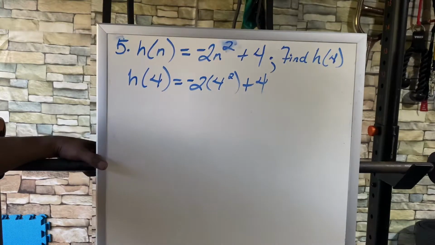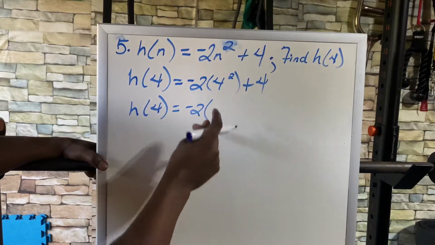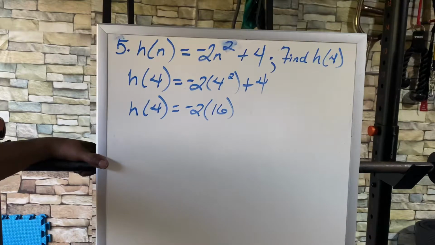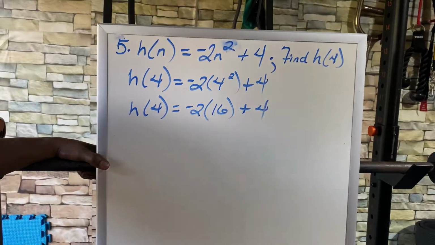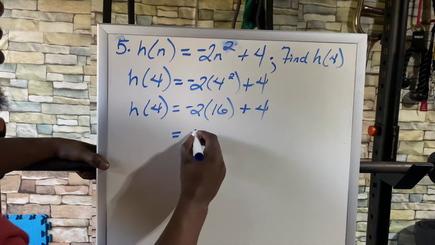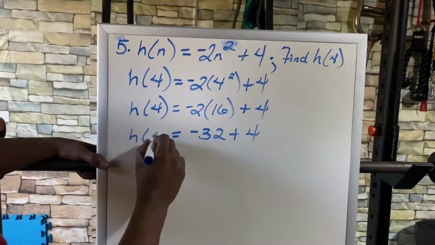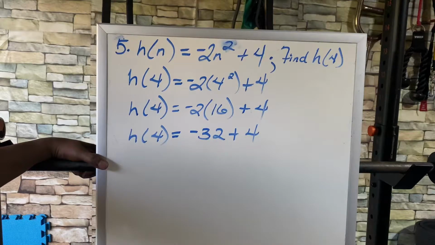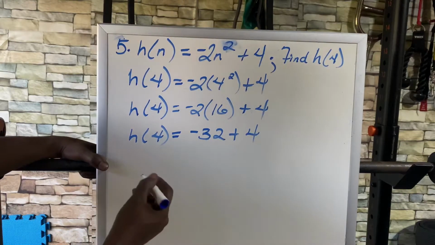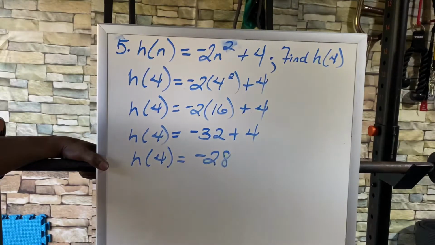So h of 4 equals negative 2 times 16. Remember, 4 squared is not 4 times 2, it's 4 times 4. Plus 4. Multiplication first, so negative 32 plus 4. That means we're subtracting because we have a negative and a positive number, and the answer takes the sign of the larger number. Negative 28.